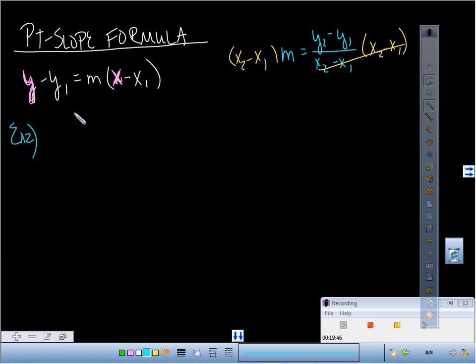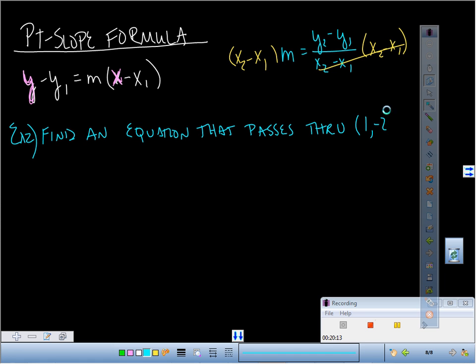Okay, so here's your problem. Find an equation that passes through (1, -2) and has a slope of 3.